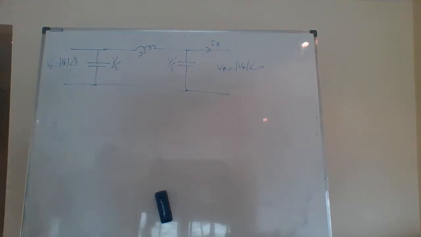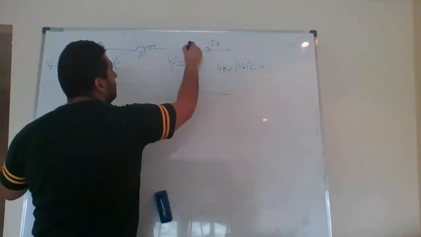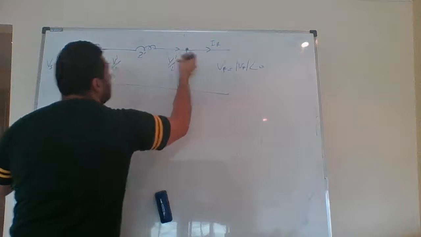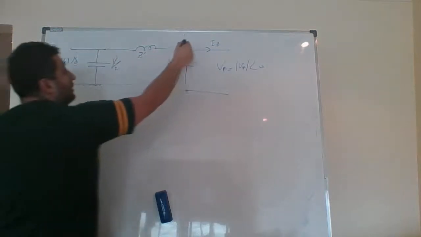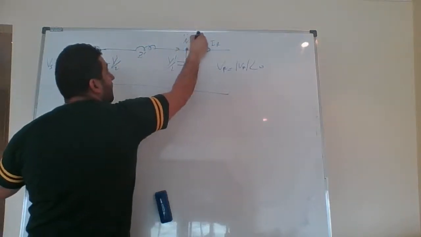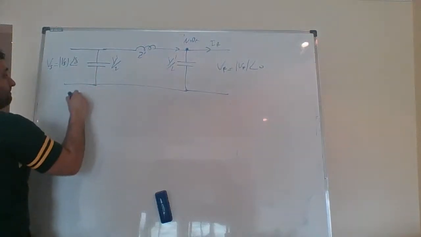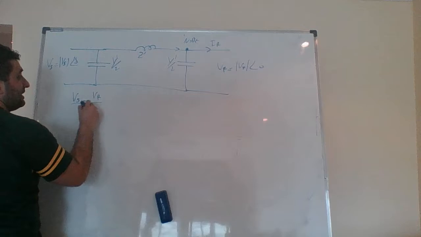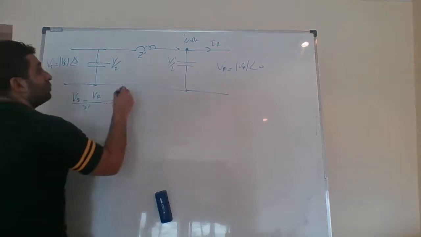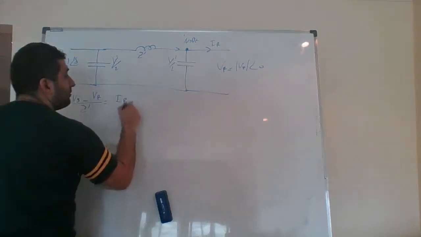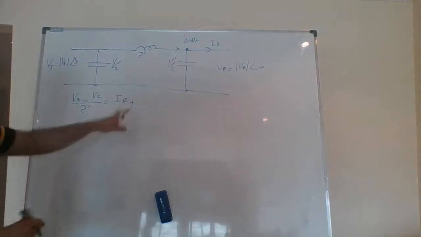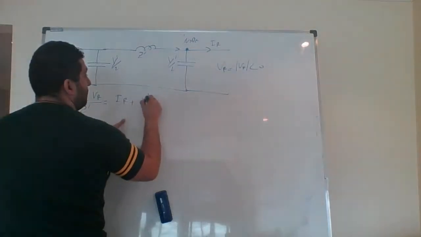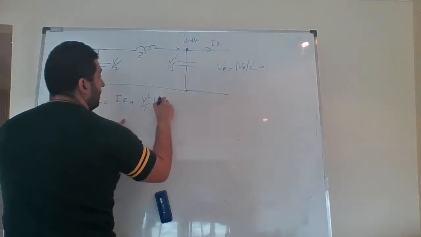Guys, pay attention to what I'm going to do. At this node, what do I have? I have (Vs minus Vr) over Z dash, equal to IR plus Y dash over 2 times Vr.